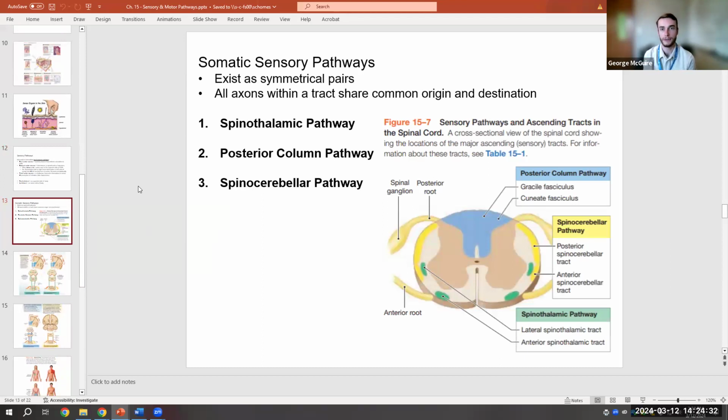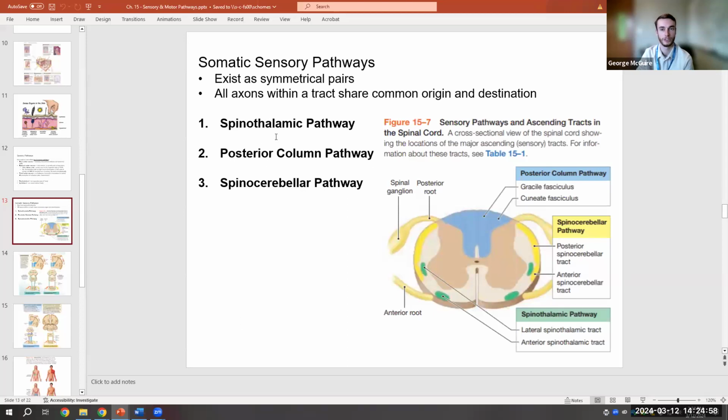And so we have three major somatic sensory pathways. Again, mostly referring to senses that you would be aware of. Our spinocerebellar pathway has a lot of visceral role. It's mainly just transmitting those signals to your cerebellum, and thus you are not consciously aware of it. And so that's mostly about keeping your body where it's supposed to be, responding to proprioception.